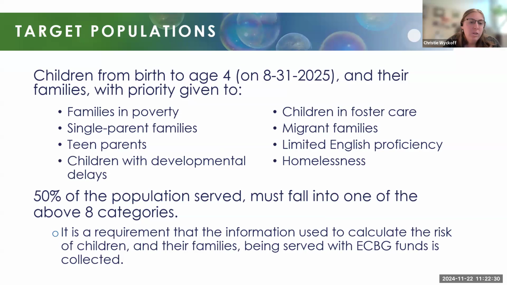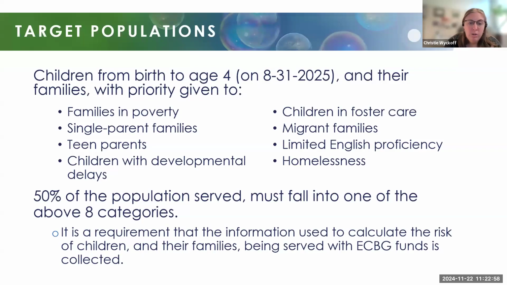All right, target populations. So this is an early childhood grant, so it's eligible for children and families with children from birth to age 4, and this is the age on 8/31/25. So if they are 5 on 8/31/25, that means they are kindergarten eligible and they are not eligible to be served with ECBG funds.